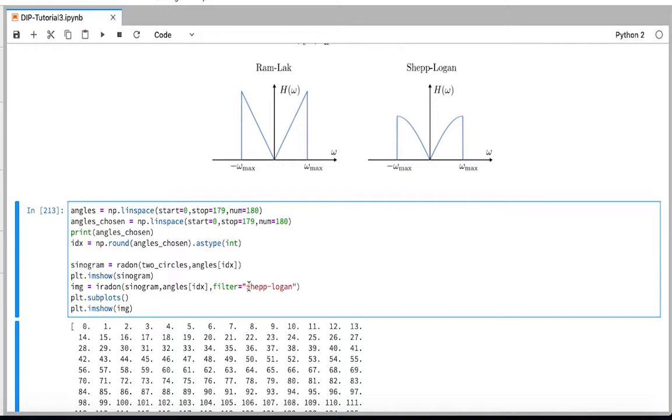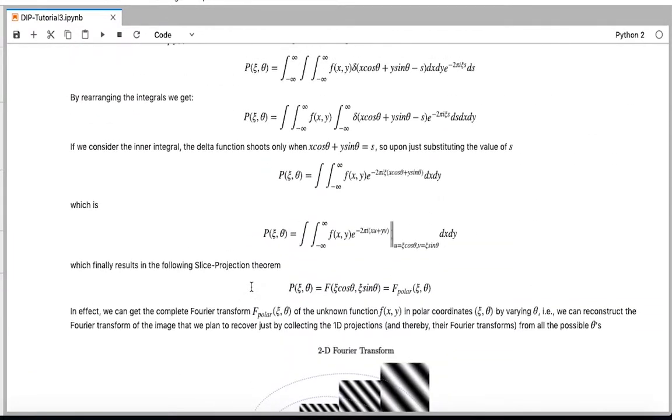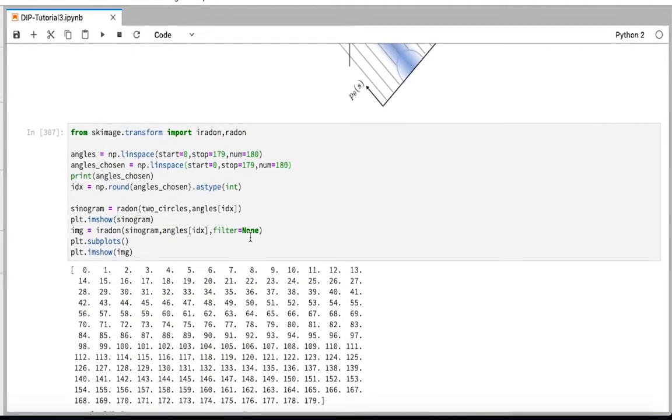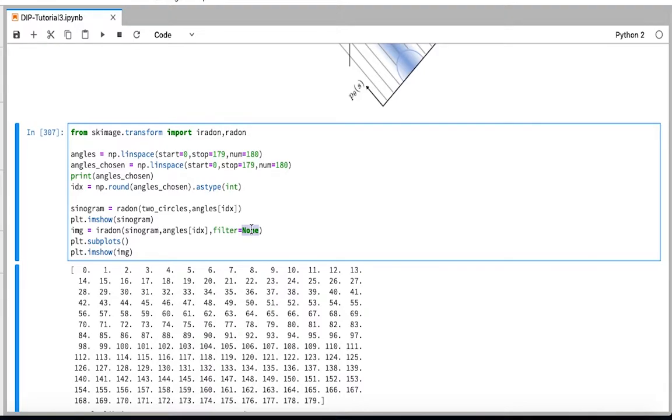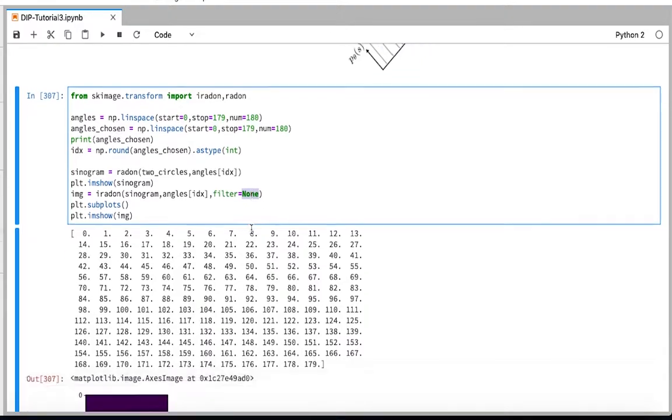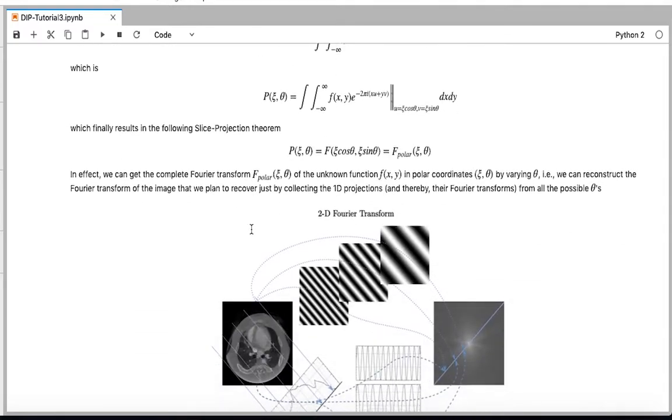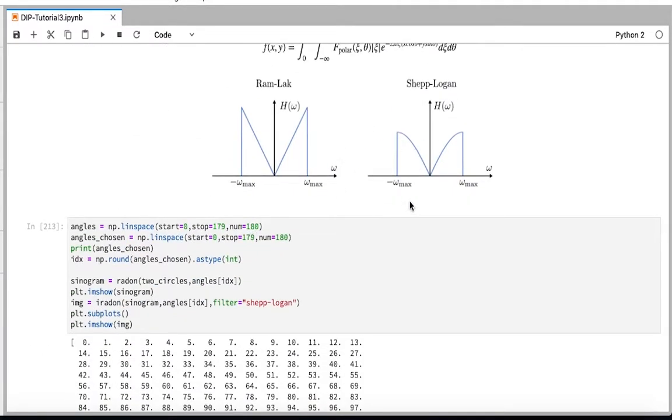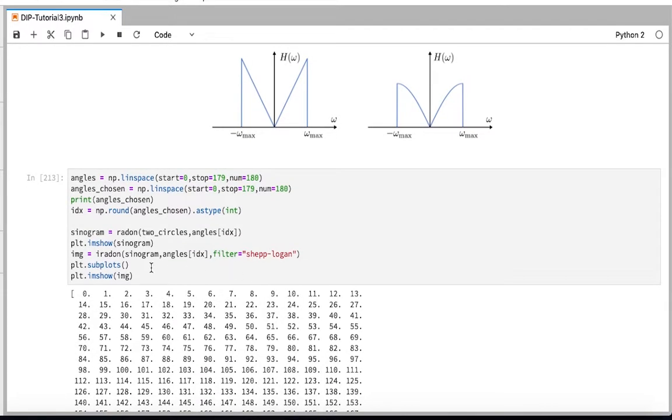You can either put it as none here, which means we're not applying any filter on the Fourier transform, and in this case we want to apply this filter before we are inverting the total Fourier.